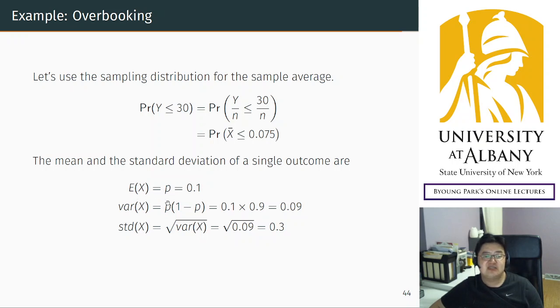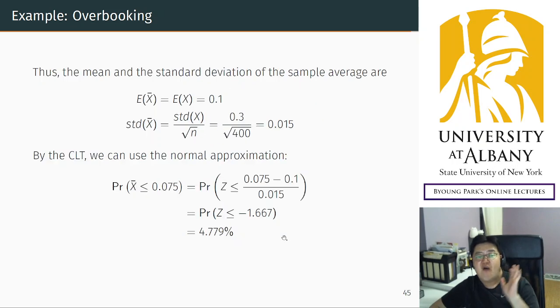The mean is p, the probability of cancellation. The variance is the probability of cancellation times the probability of non-cancellation, which is 0.09. Taking the square root gives the standard deviation, 0.3. So for one reservation, the mean is 0.1 and the standard deviation is 0.3.